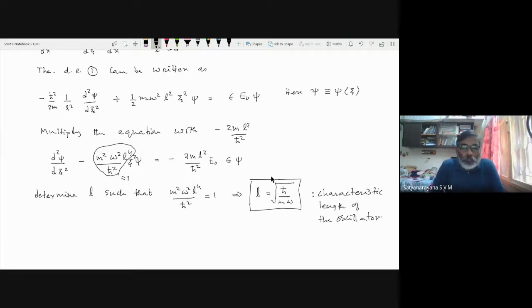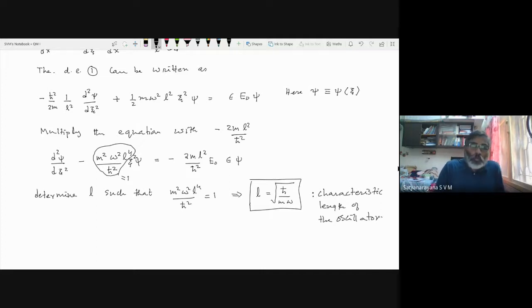So the length is measured in units of L.